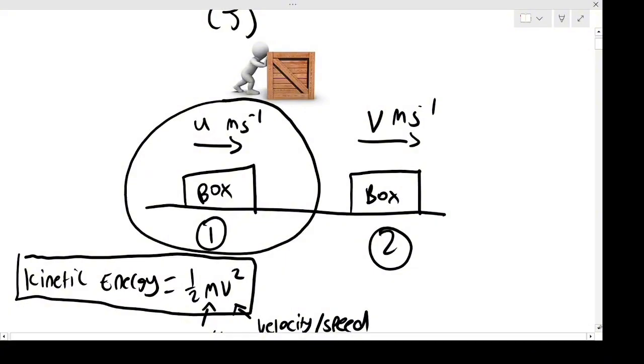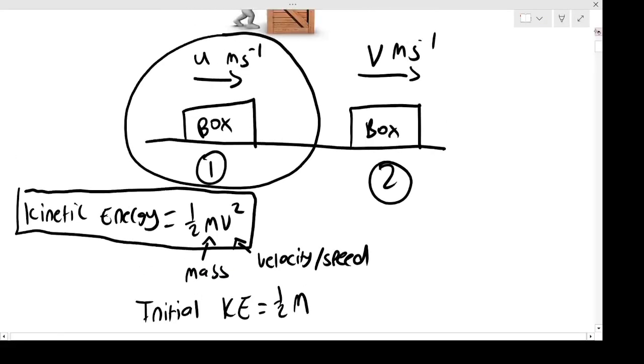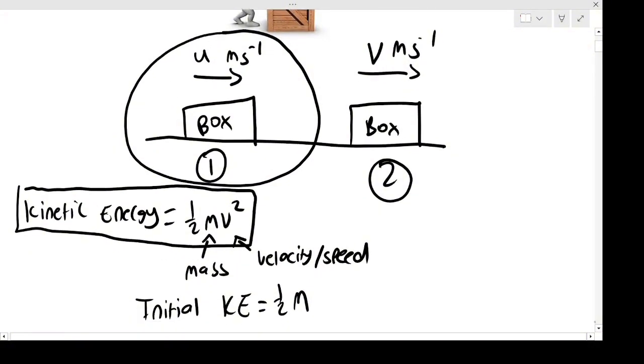I'm not specifying the mass, I'm just going to call it m, so it's half of the mass times the speed, which I've called u, so it'd be u squared.